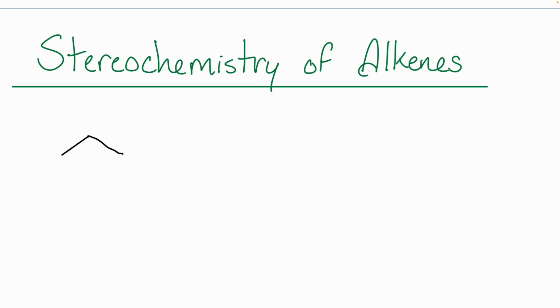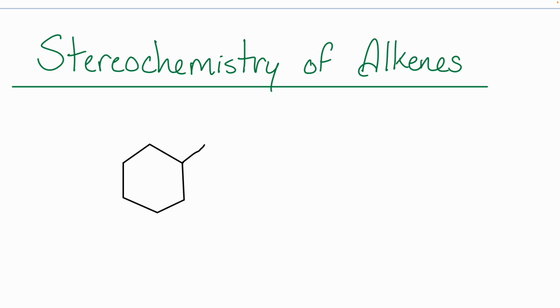Okay, so we were first introduced to this idea of stereochemistry when we talked about our cyclic alkanes. Remember the whole idea was that cyclic alkanes, because you've locked them in this ring, they can no longer freely rotate about those single bonds.